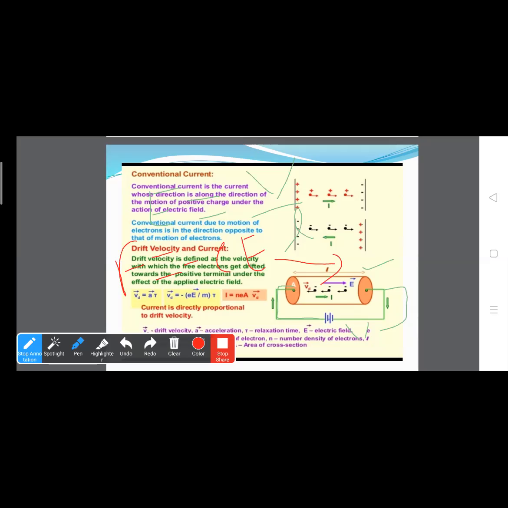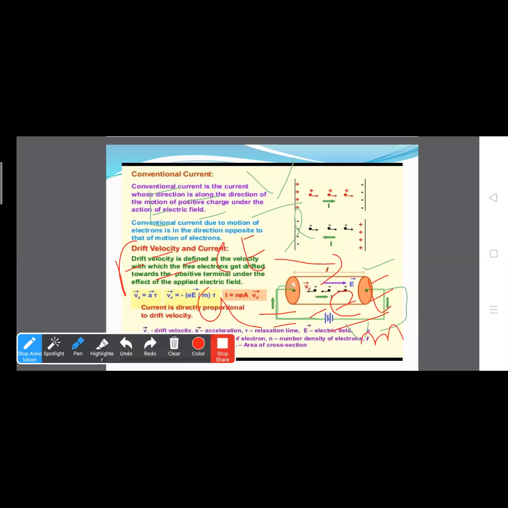If m is the mass of the electron, then the acceleration of each electron is given by force upon mass, which is -eE/m, right? Due to this acceleration, the free electrons, apart from their thermal velocity, acquire an additional velocity component in the direction opposite to the electric field.